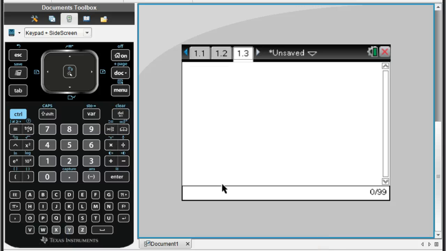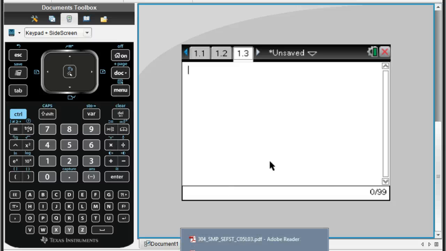And what we're going to do here is type in this whole equation, the whole expression on the right side of the equal sign.